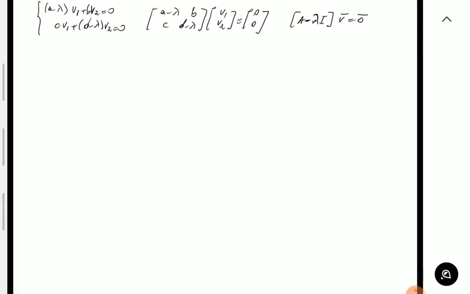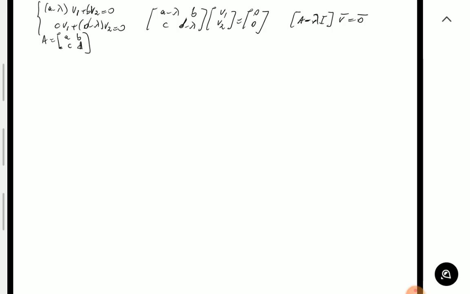So we were talking about the fact that the system that gives me the eigenvector can be written in matrix form like this. Now remember, our original matrix was A, B, C, D. The system that gives me the eigenvector is, in terms of a matrix of coefficients, obtained from the original matrix A, but with lambdas subtracted from the main diagonal.